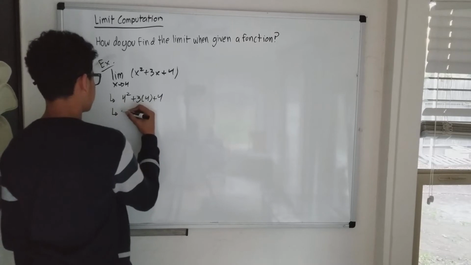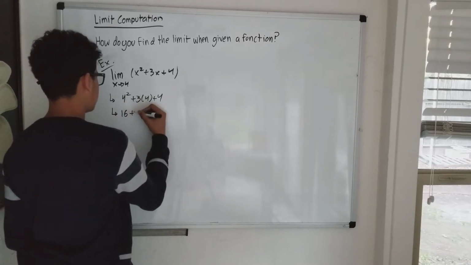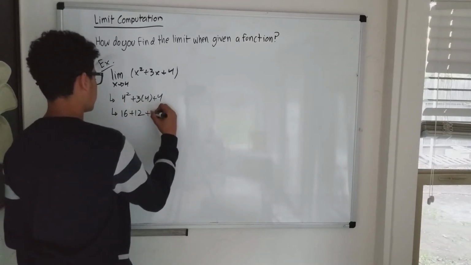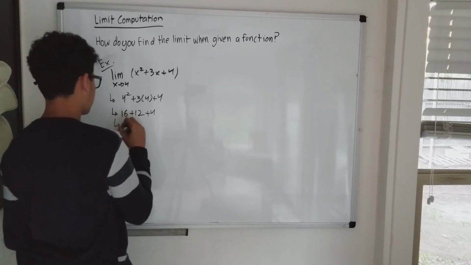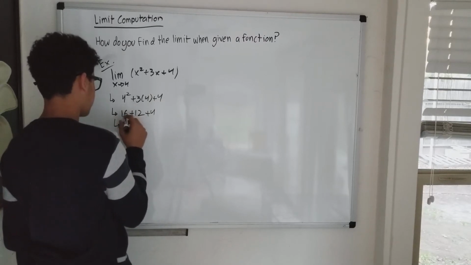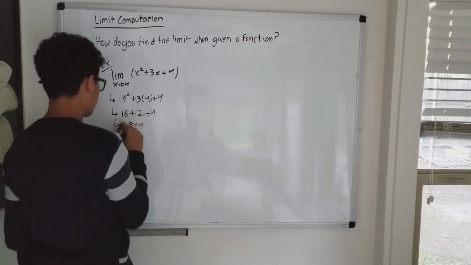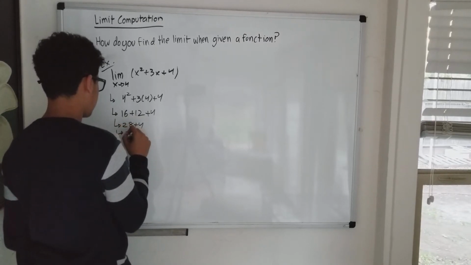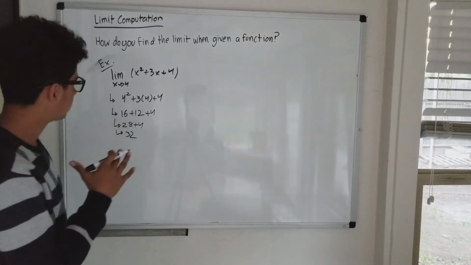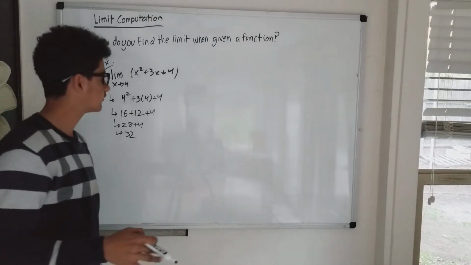This will end up being 16 plus 12 plus 4. After this, it will be 28 plus 4, and will end up being 32. Very simple how you calculate the limit.